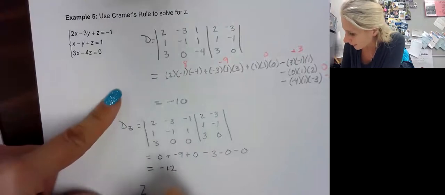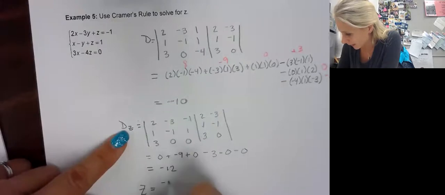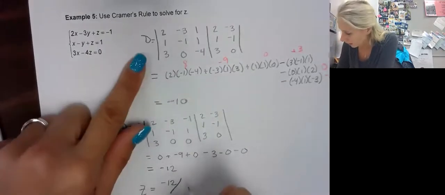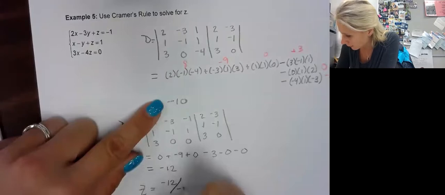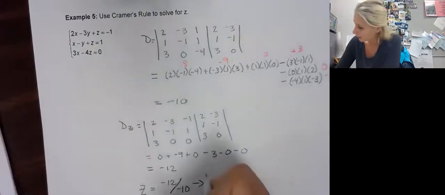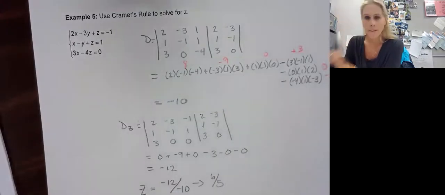So the z value is the dz, which is -12, all over the determinant of the matrix, which is -10. And of course, if we simplify this, we get 6/5.